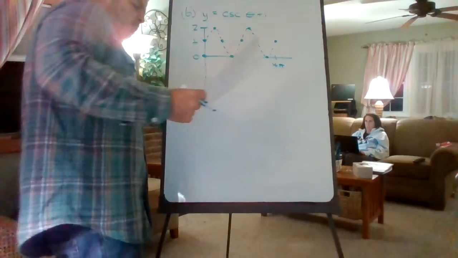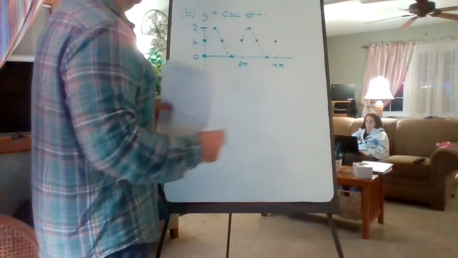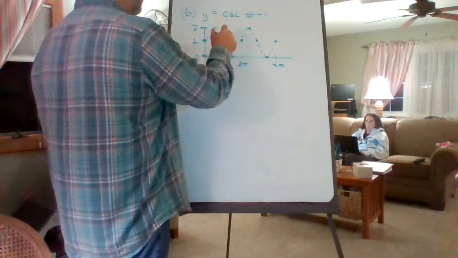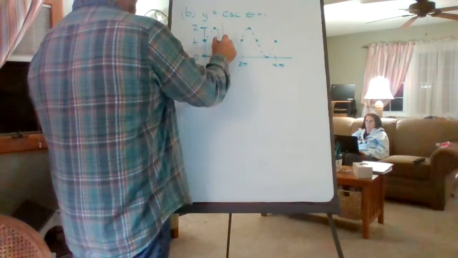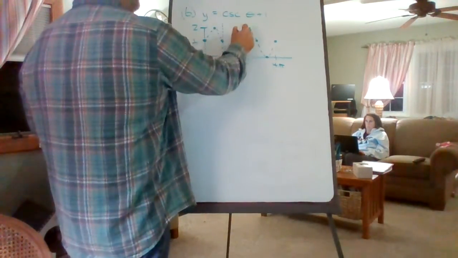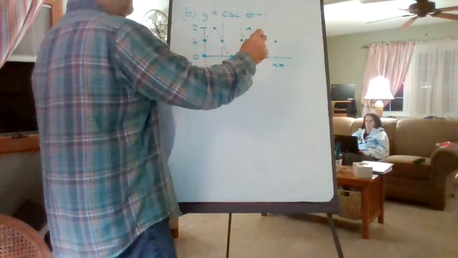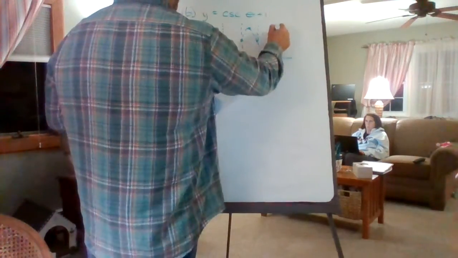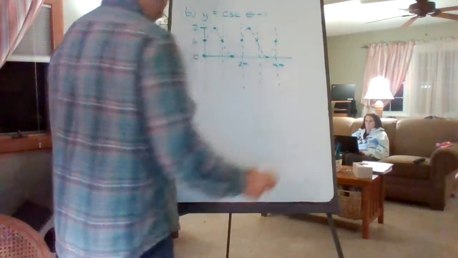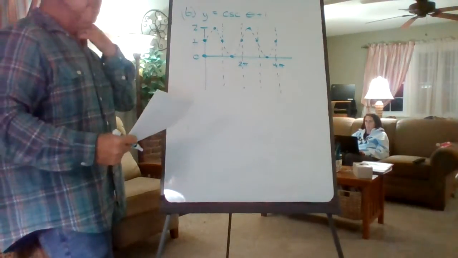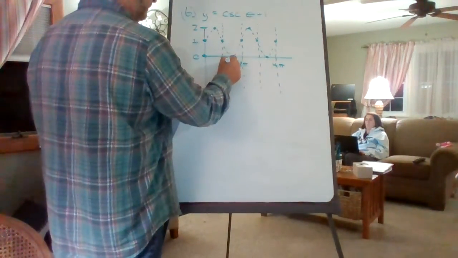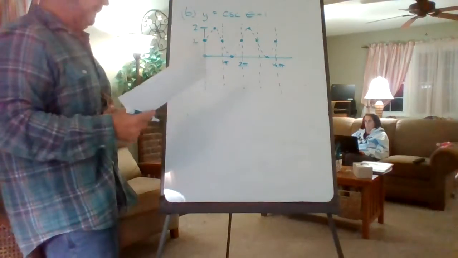We have to figure out where our zeros are. Well, basically, ladies and gentlemen, they're going to be shifted up 1. So a vertical shift doesn't really have an impact on our asymptotes. All right, because if we plug in, let's say pi to this, because that's where the halfway point is.